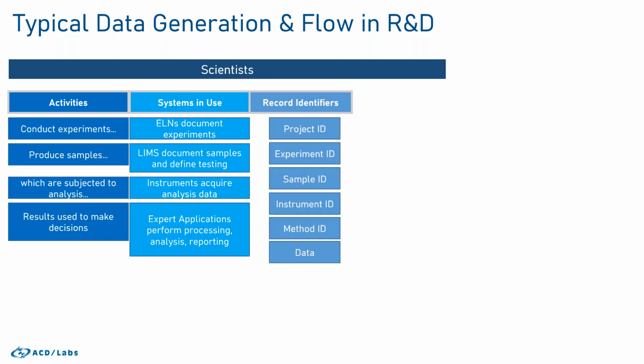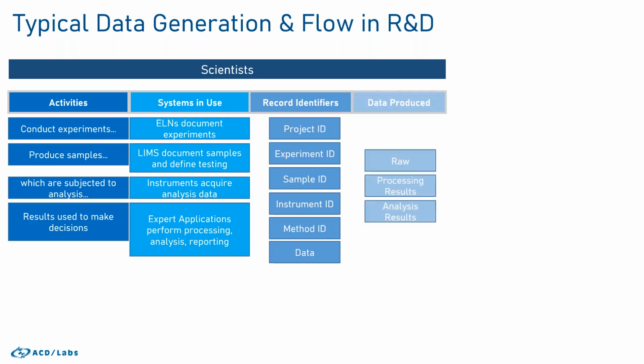So project IDs, sample IDs, instrument IDs, some sort of metadata as well, along with the actual data. And the data that is produced from these instruments, we have raw data from these analytical systems, process results. For example, if we have CDS systems that have process results within it, or the analysis of these results. So assembling of the separate analytical data files to represent a study.